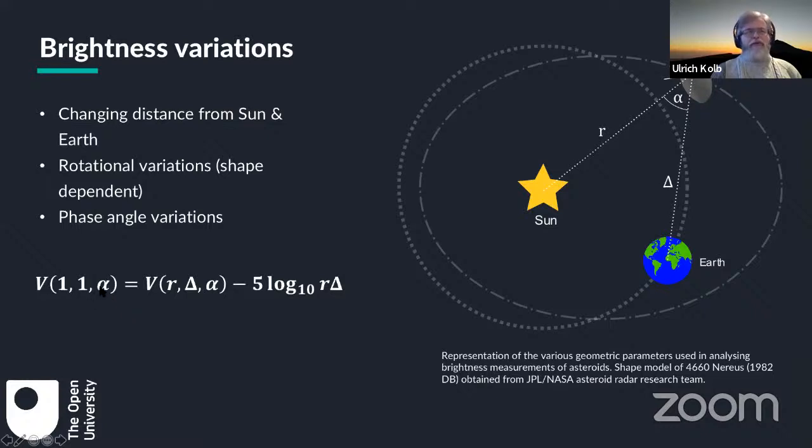And that's what's called the phase curve. So the phase curve looks at how the V magnitude varies as a function of alpha if the asteroid is placed at a standardized distance r and delta, but varies in alpha.